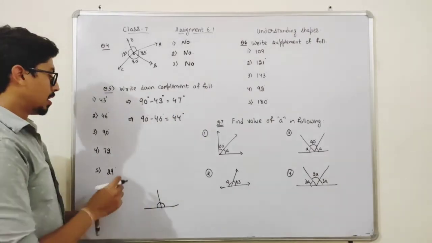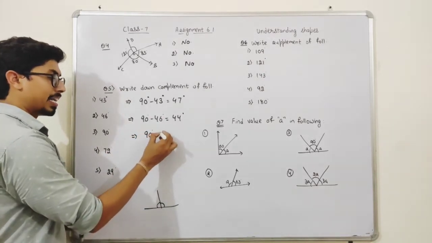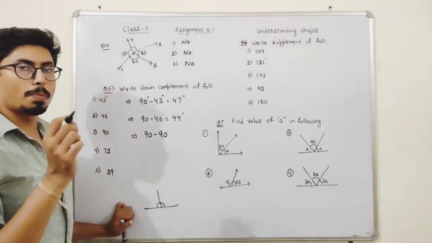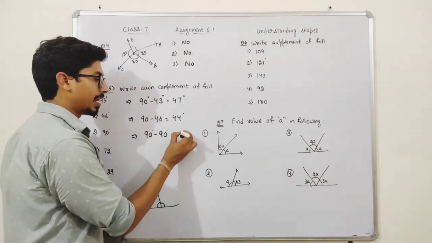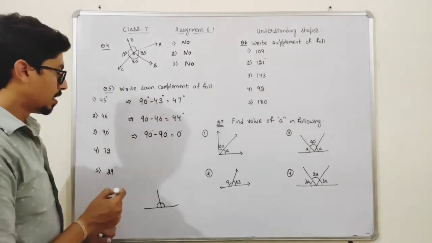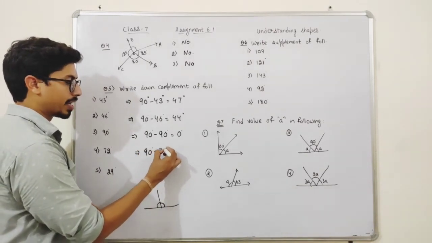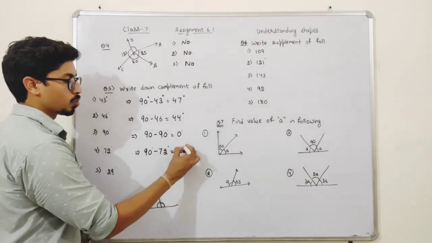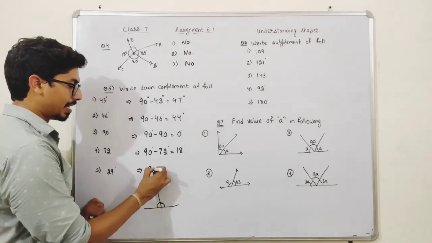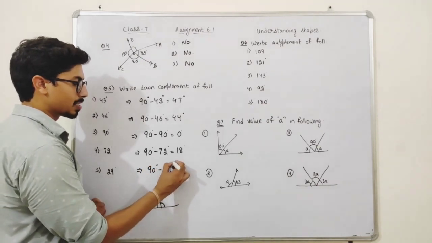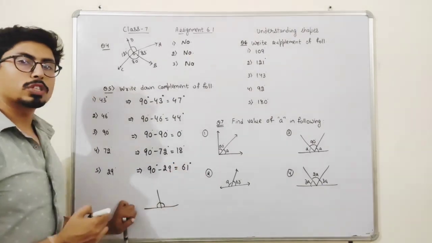Now the complement of 90 degrees: 90 degrees minus 90 degrees will be 0 degrees. The complement of 72 degrees will be 90 degrees minus 72 degrees, that is 18 degrees. So 18 degrees is our answer. Similarly for 29 degrees, it will be 90 degrees minus 29 degrees, and this equals 61 degrees.